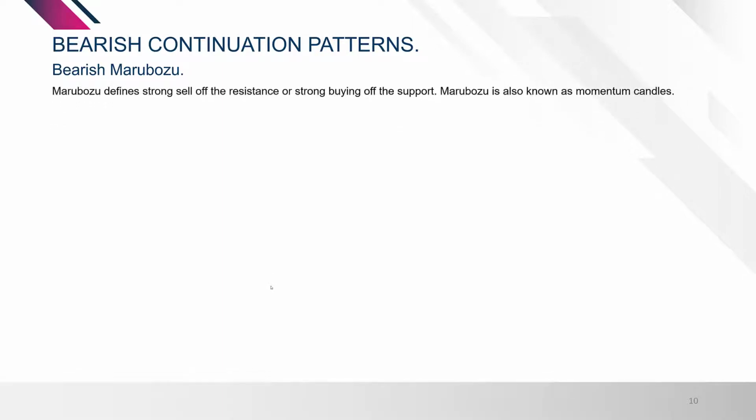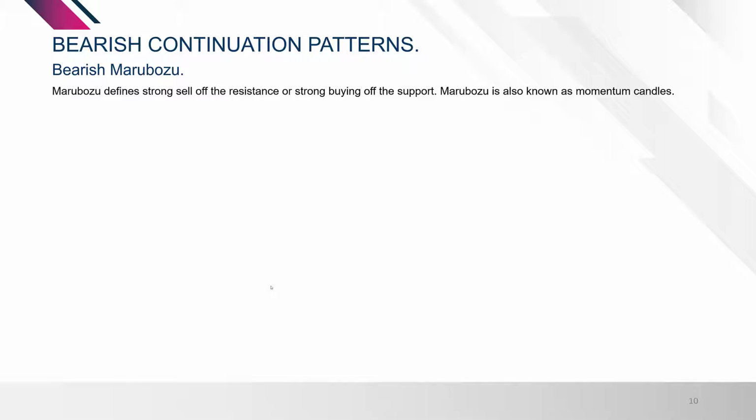Now let's look at 2 types of bearish continuation patterns that you have to be well aware of. We've got what we call the bearish marubozu. Marubozu defines a strong sell off at resistance or strong buying at support.